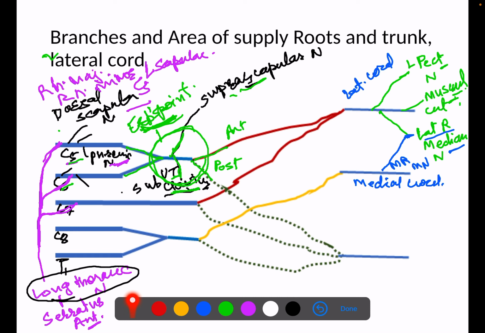Now all the branches arising from the upper trunk will have root value of C5, C6, because the upper trunk is formed by C5, C6. Then all the branches arising from the lateral cord will have root value of C5, C6 and C7, because they are formed by C5, C6 and C7. Right.